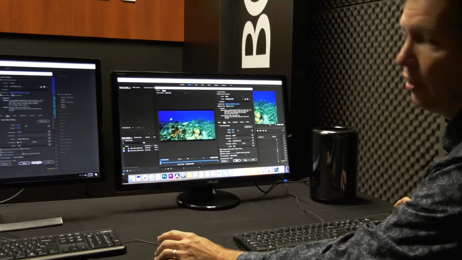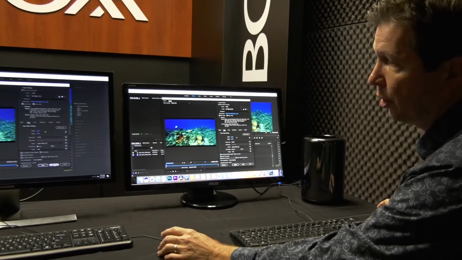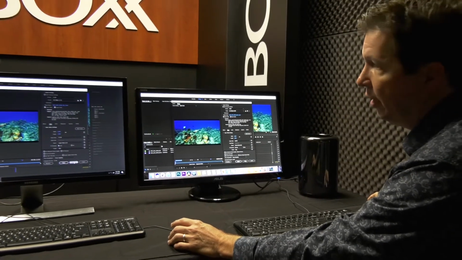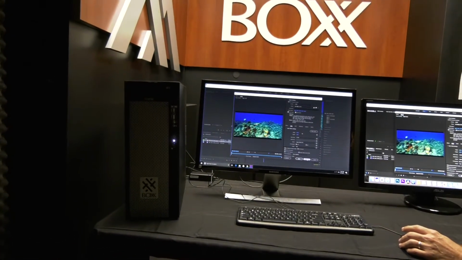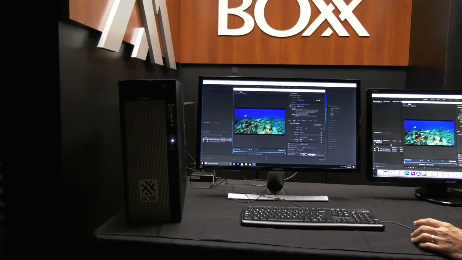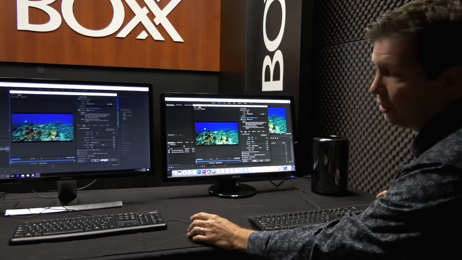Now let's look at exporting footage from Premiere. We have the same red clip that we were working with before. And on the left-hand side, I've got my box APEXX 4, which will be using NVIDIA CUDA acceleration. And on the right is the MacPro, which will be using OpenCL.